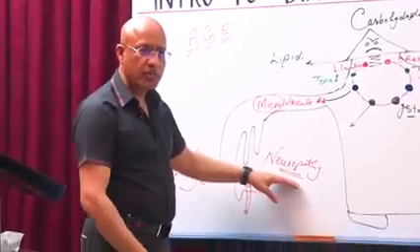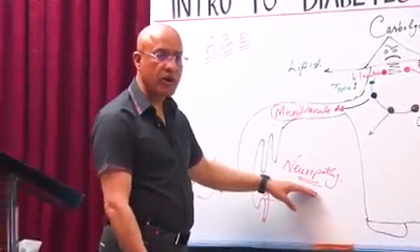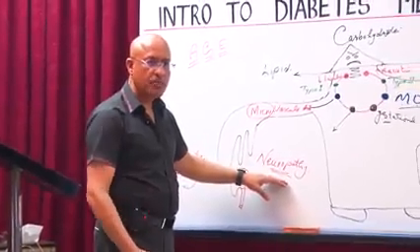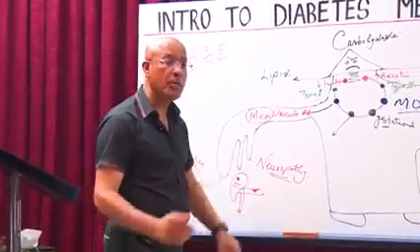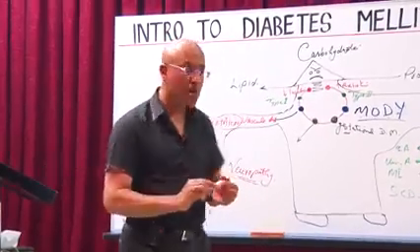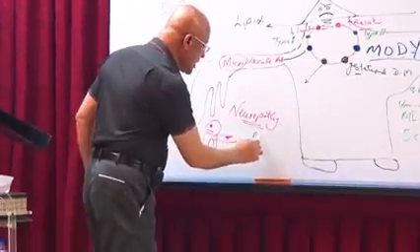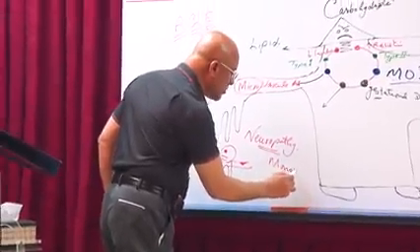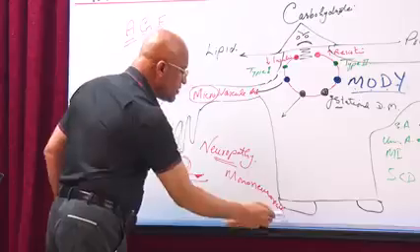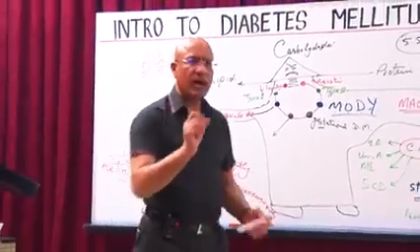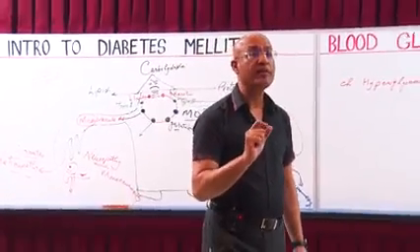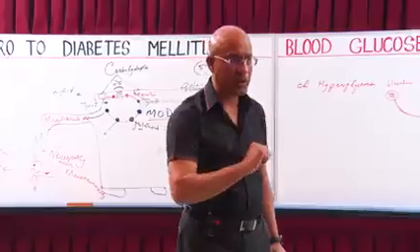symmetrical polyneuropathy. If it is in the lower limb and upper limb both, then it is gloves and stocking distribution. But some diabetic patients develop mononeuropathy also. Mononeuropathy means that there is isolated nerve damage that might not be symmetrical.